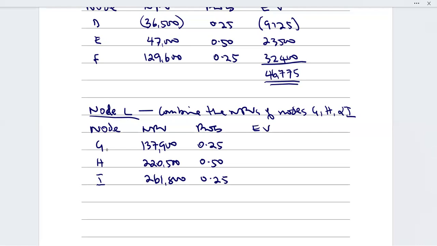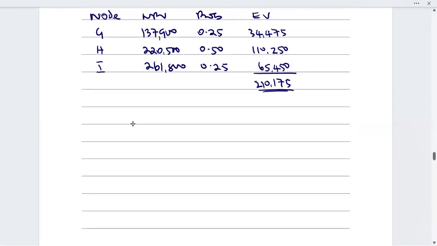So expected value: 137,900 multiplied by 0.25 is 34,475. 220,500 multiplied by 0.5 is 110,250. 261,800 multiplied by 0.25 is 65,450. Plus 110,250 plus 34,475, 210,175. So we're done with node L.